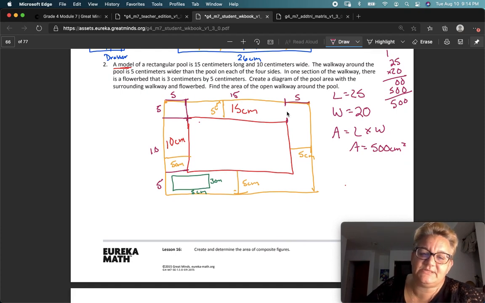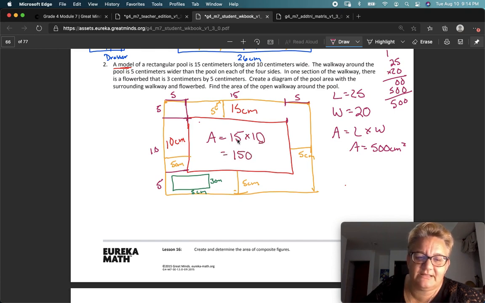First, I need to subtract the pool, okay? And I know the pool is 15 times 10, so area equals 15 times 10, which equals 150, right? Because 15 times 1 would be 15, add a 0, is 150.